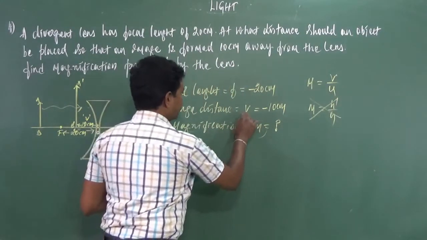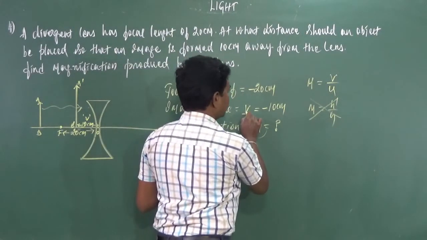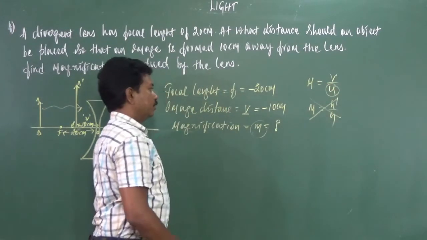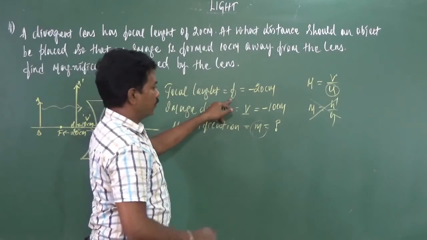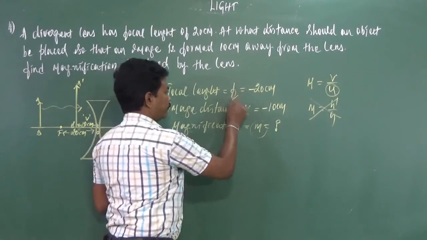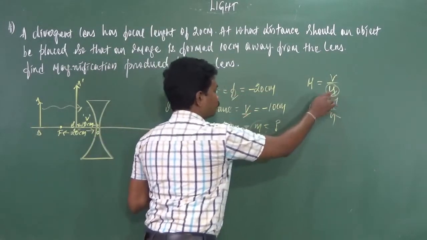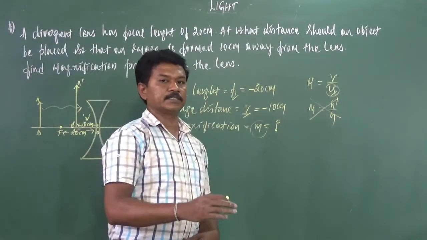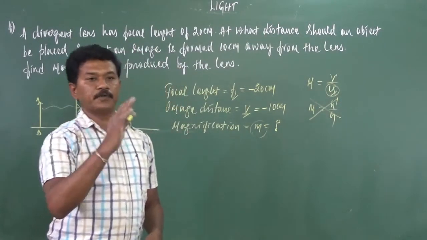So V is given, but we don't have U. But focal length is there. So what is the relation between F, V and U? The relation between focal length, object distance and image distance is given by the lens formula.